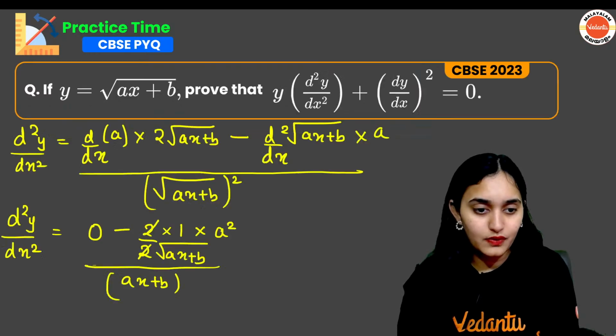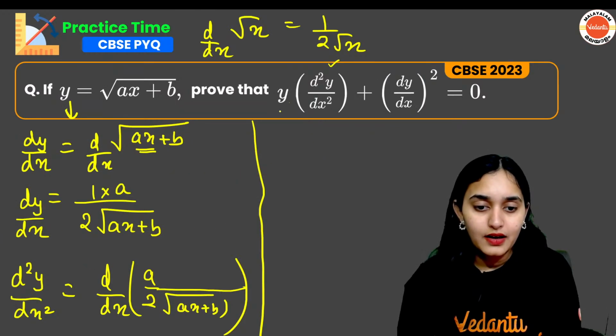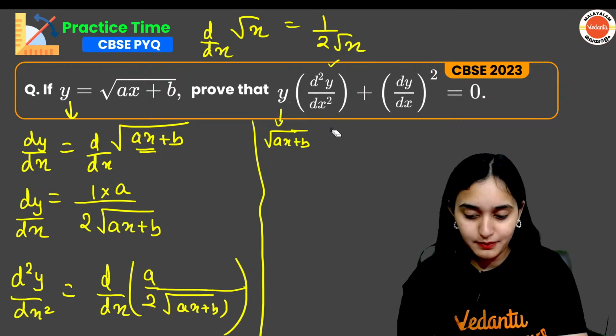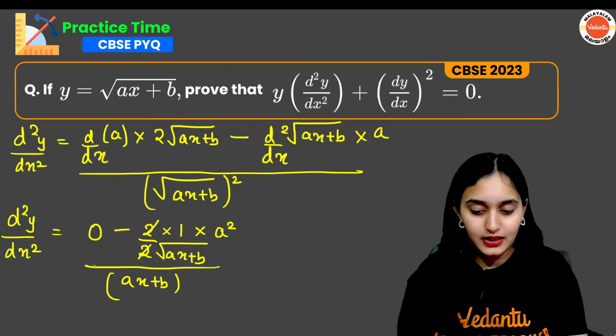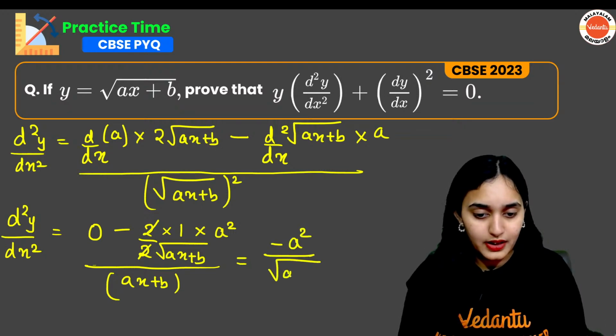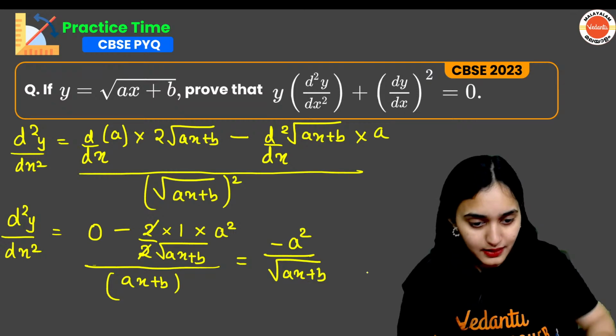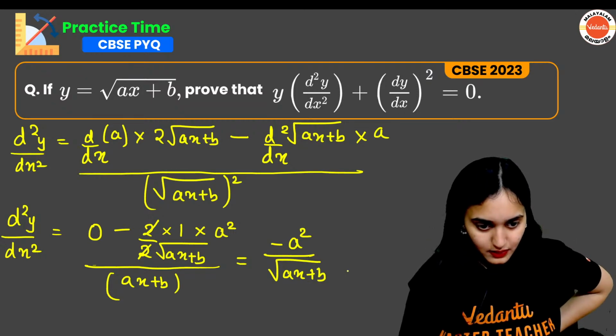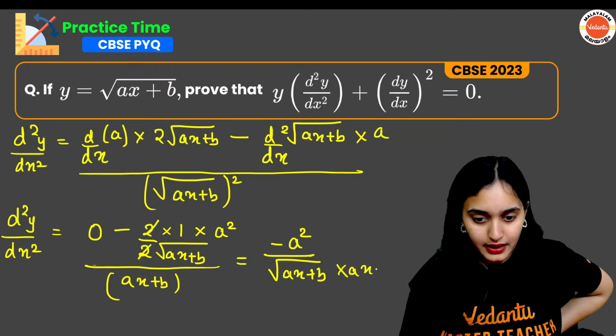So y is basically root over ax plus b. What is d square y by dx square? Let me simplify it for you. This is equal to minus a square upon root over ax plus b, into ax plus b.